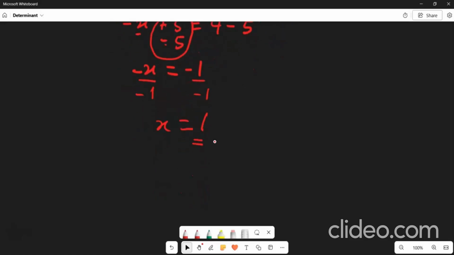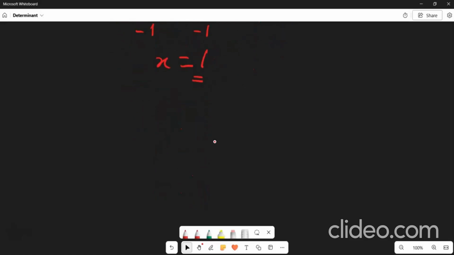If we are to find that particular matrix, we are going to have our x, which is 1, plus 1, so 2. Then this side will also be 2. This side we have 2 times 1 minus 1, which is 1.